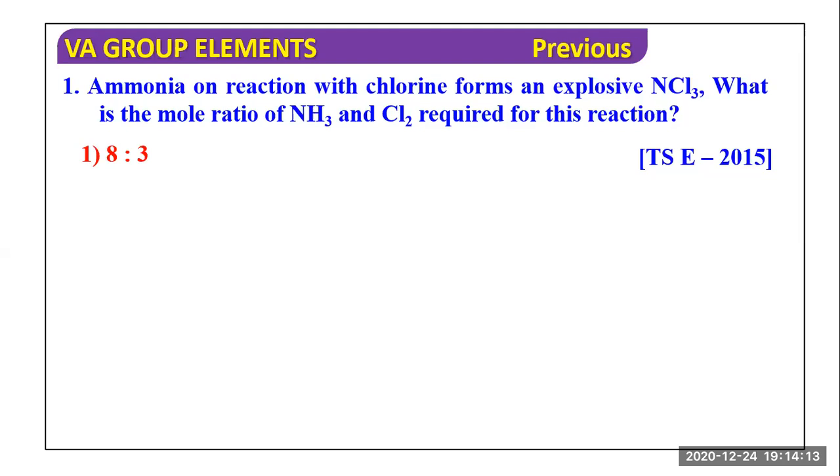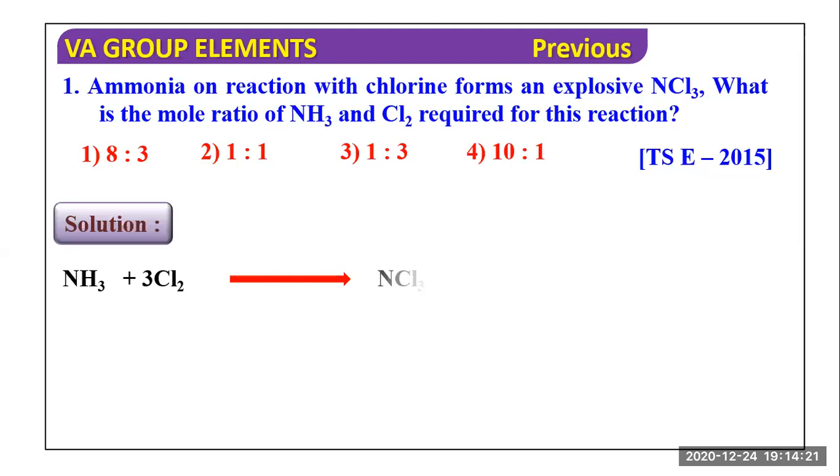Is it 8:3, 1:1, 1:3 or 10:1? You can see that ammonia plus 3 chlorine gives NCl3, so ammonia is 1 and chlorine is 3. So the ratio is 1:3.